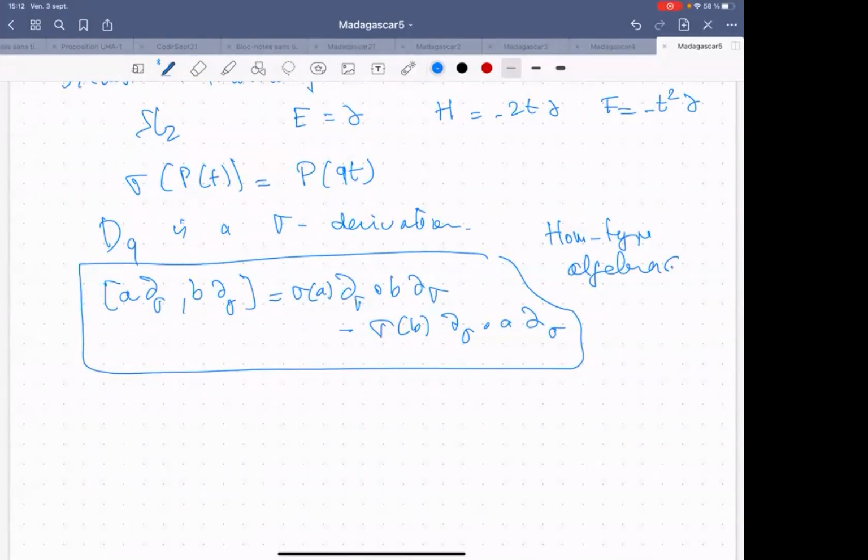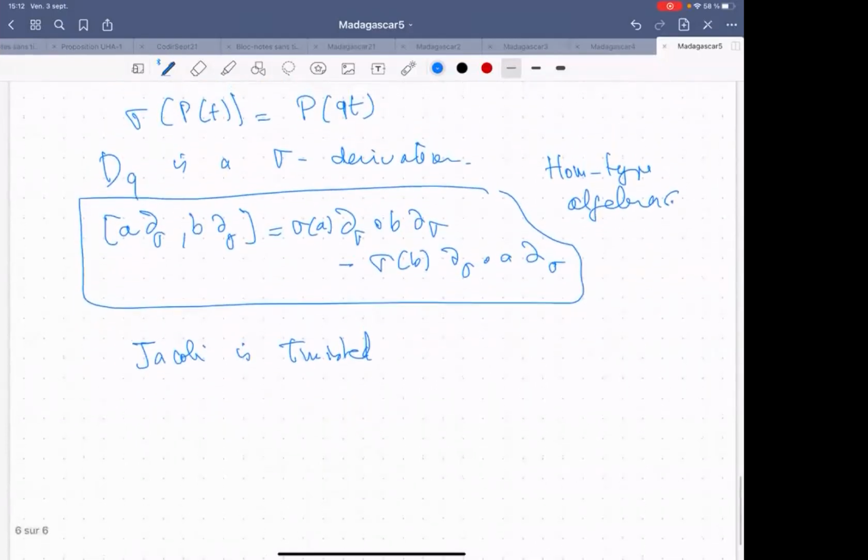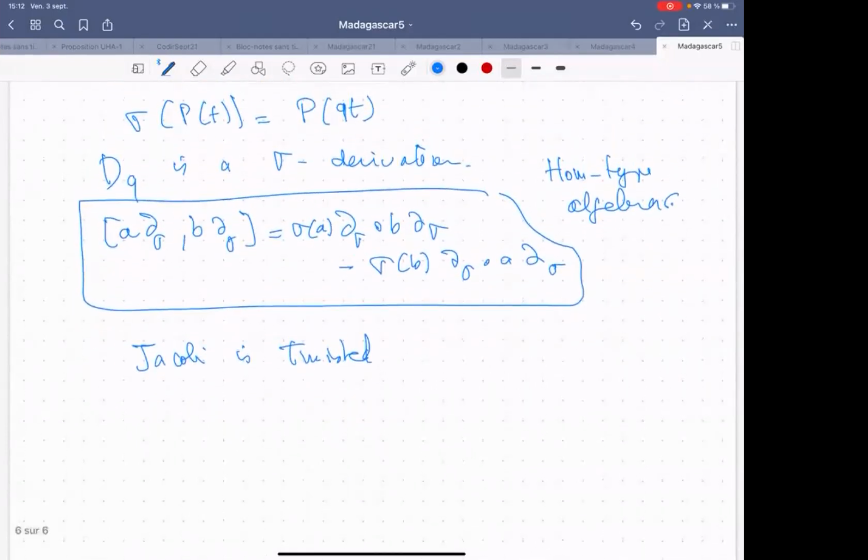It turns out that this is not the case, but the Jacobi identity is twisted by the sigma. This type of algebra was called by Silvestrov and his collaborators Hom-Lie algebra.